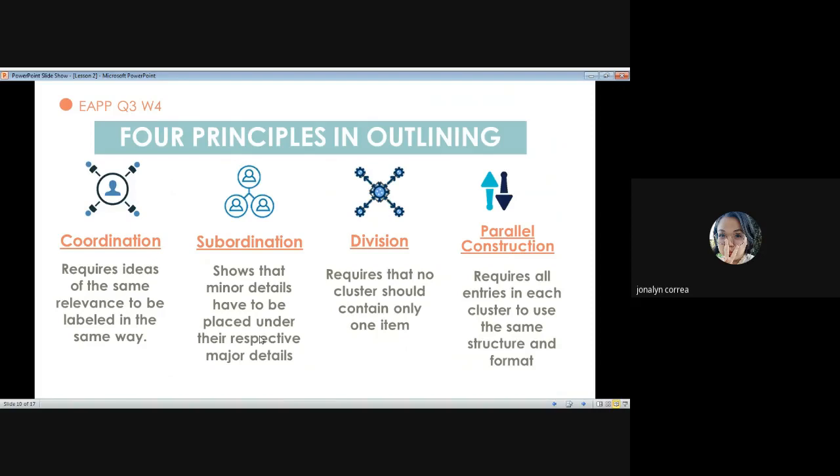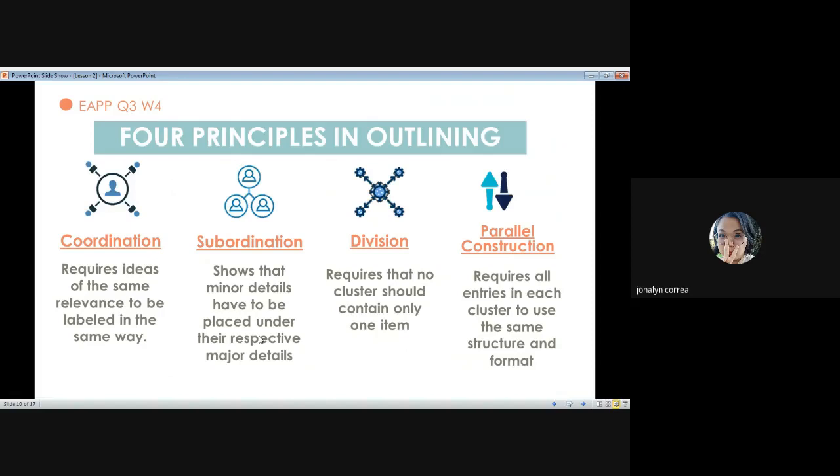So, paano ba yon? So, like for example, in using your verbs, if you want them to be in past tense, you should be using past tense on all of your entries. If you are using a specific phrase, like for example, those words that end with ing, all of your entries should also be ending with ing.